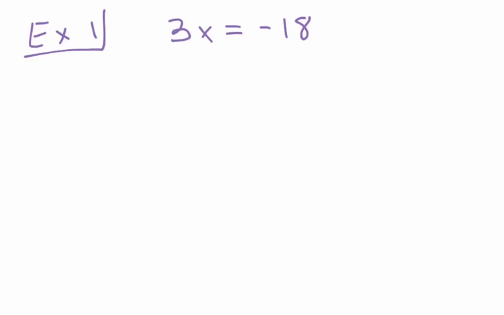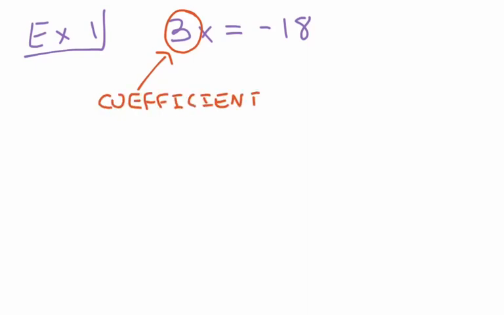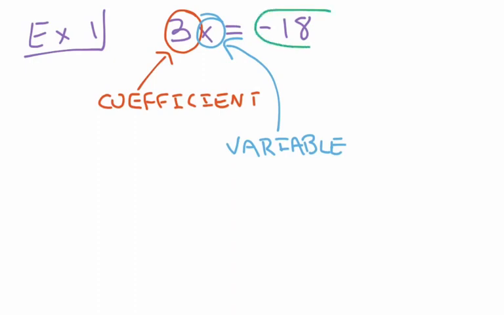This number that's in front of the x, this 3 right here, is what is called the coefficient. That number that we multiply by is called the coefficient, and the letter that we have is called the variable. So the number is our coefficient, the letter is our variable, and then finally, our number that's all by itself is called the constant.